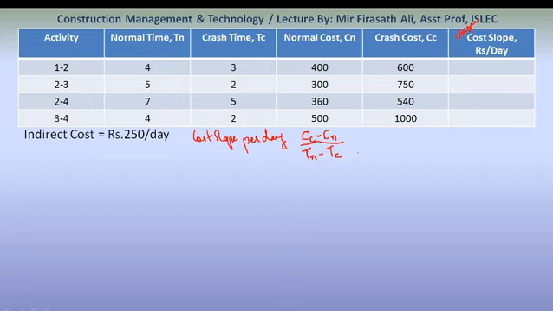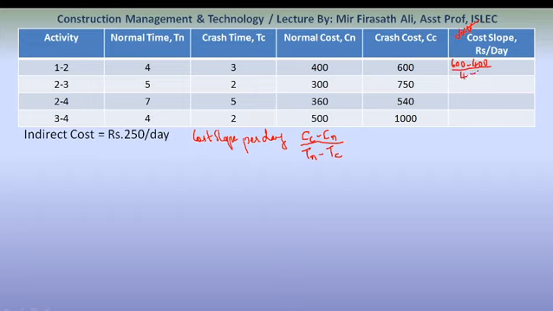So substitute these values in the formula and we will get those values. What is the first value? What is the crash cost? 600, minus the next value, normal cost, is 400, divided by what is the normal time?